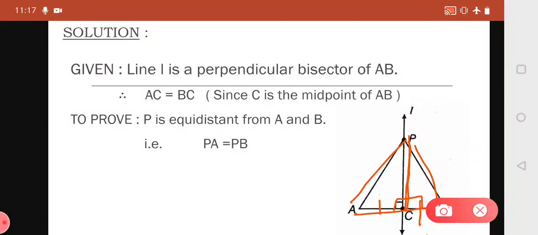And this is our common side of both the triangles, that is PC equal to CP. So, according to the SAS congruence rule, we have both these triangles congruent. That is, triangle PCA congruent to triangle PCB. You can see side, angle and side.